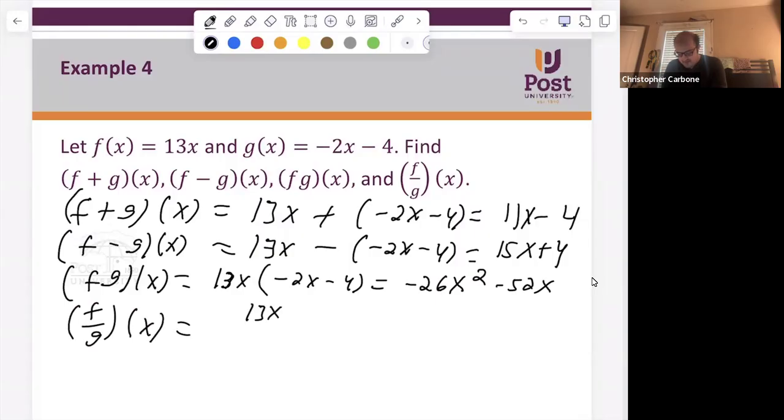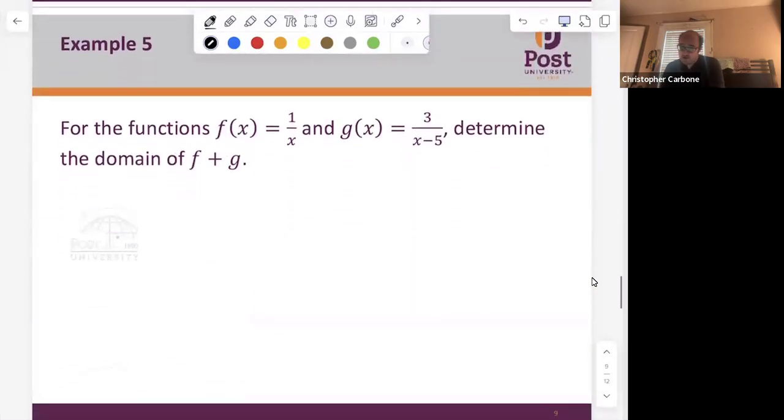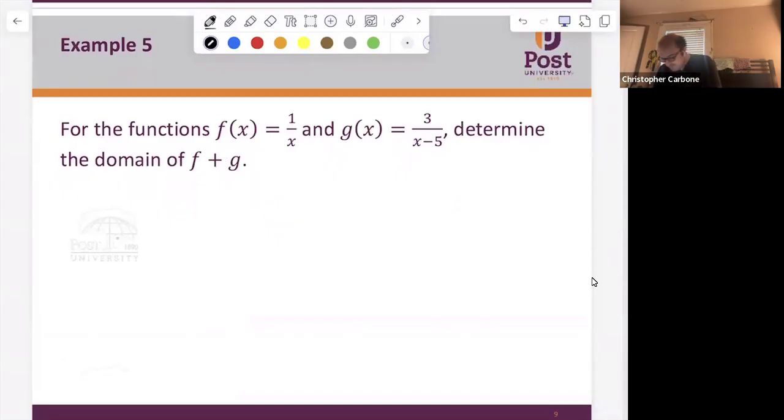We can't simplify this. 13x divided by negative 2x minus 4. You could technically factor out a negative 2 from the bottom, but it's not that necessary. But due to this, we cannot have x be a value of negative 2 when we set that denominator equal to 0, which would be the only additional restriction in that domain.